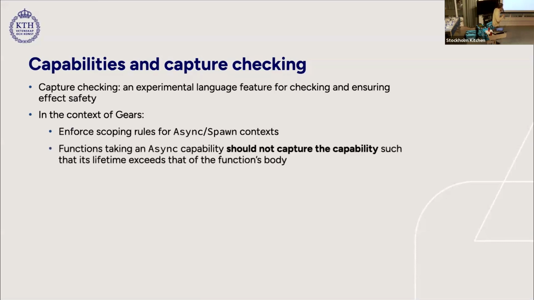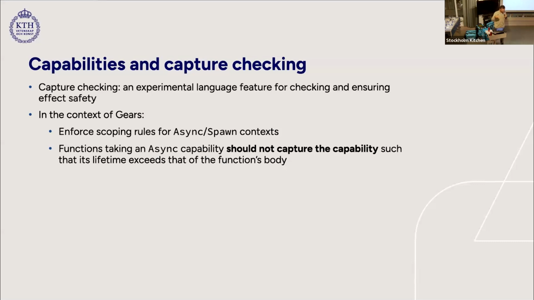So for example, let's say you take an async capability, because a function takes the capability since it uses await. Well, this async capability, because it's just a context parameter, should not be captured in a way where its lifetime exceeds that of the function's body.